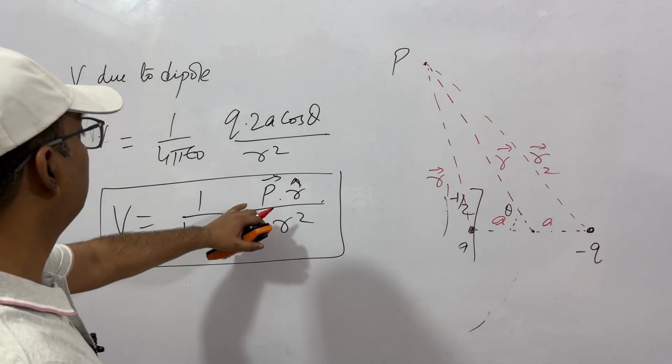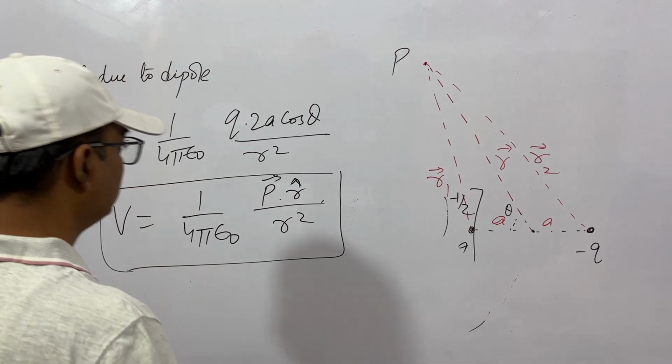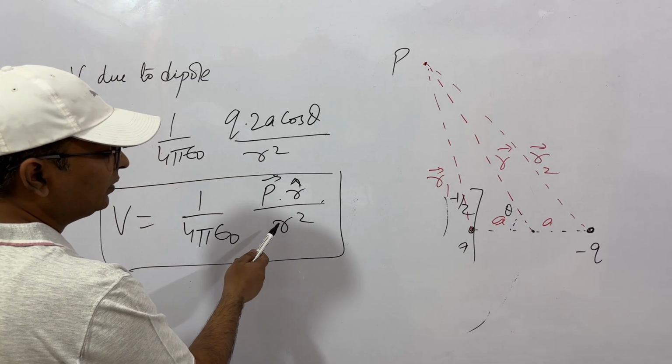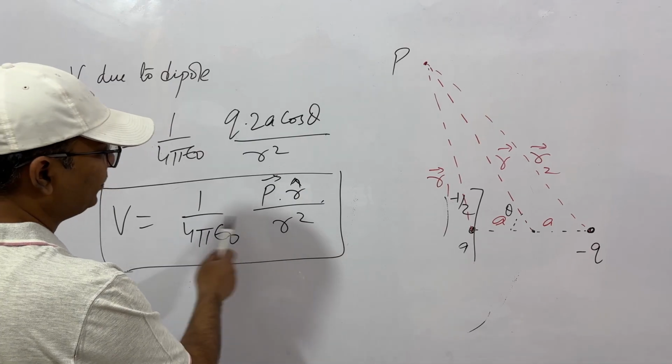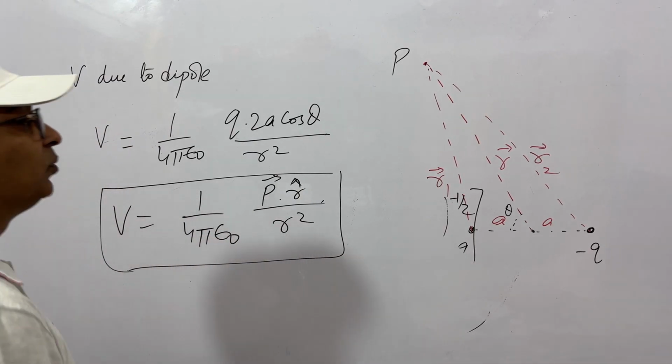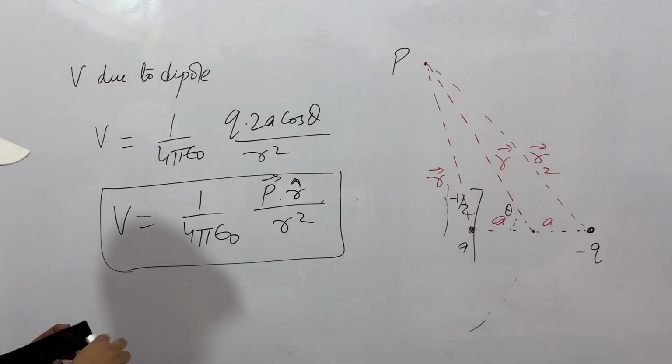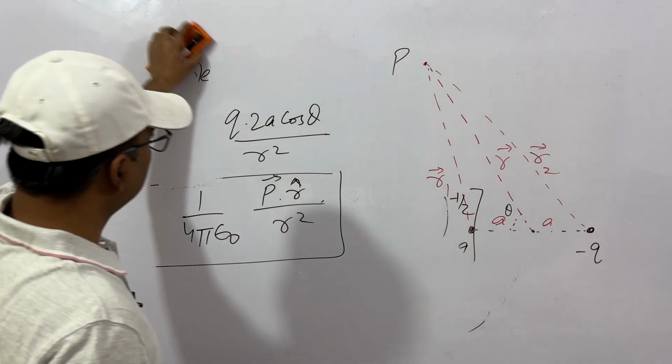This is the dipole moment, this is R square. So this is unique: potential is inversely proportional to R square when you have a dipole moment. Clear? So potential due to a dipole is clear to you.